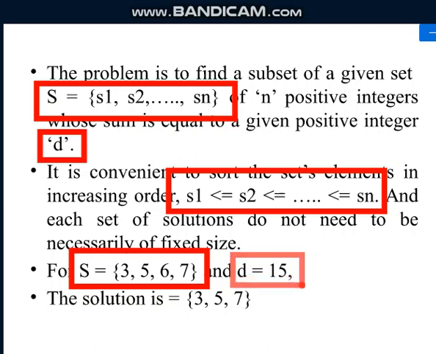Because this might have n number of solutions, when you are going for backtracking, you will not stop when you find one single solution. You will proceed with this step until you find all the possible solutions.